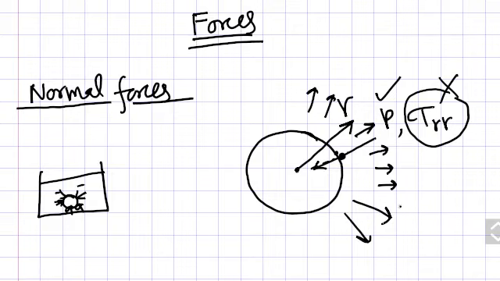Fluid is flowing in this direction, but it is not coming outward. So there is no question of the fluid compressing the surface this way, so this stress will not be there. So we will ignore this stress and we will consider only the pressure.